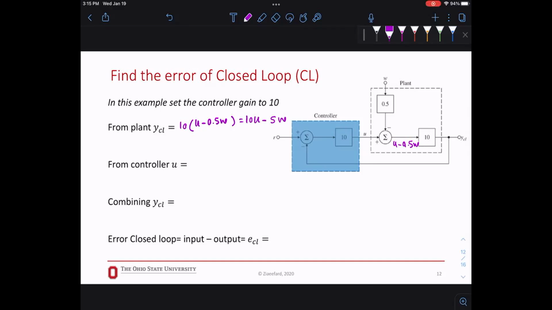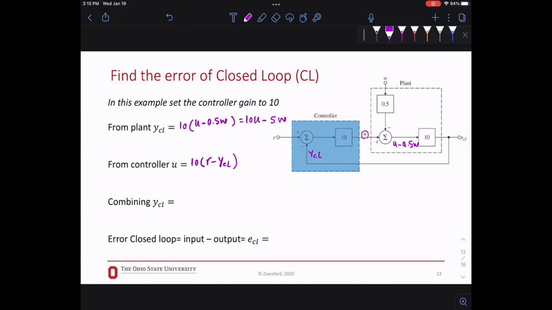Now, for the controller, I can find U from this controller. U is going to be, so this is R, here is YCL. So this is R minus YCL times 10 is U, right? So I can write U is 10 times R minus YCL, so reference input minus output.